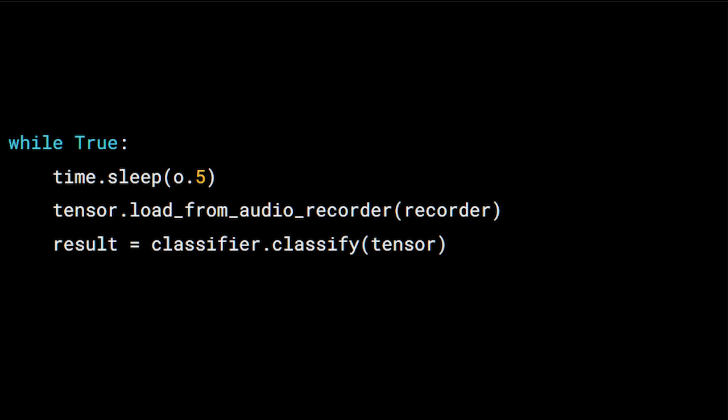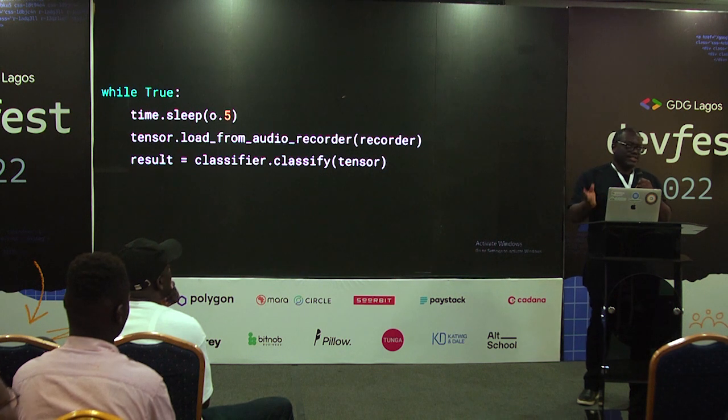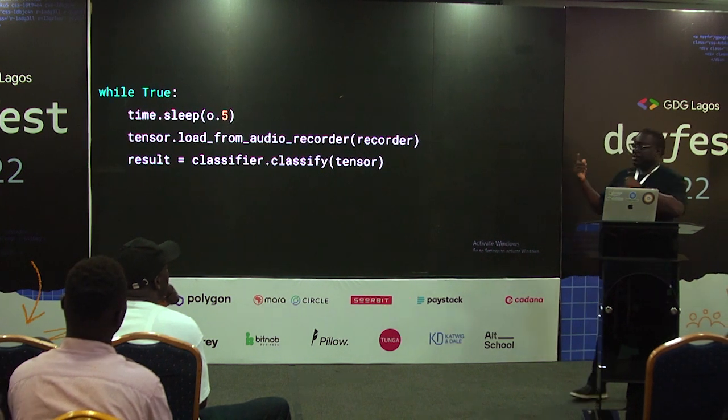So once you start reading, the next thing that you want to do is just check for a condition, right? When you read from a microphone, you actually store in a buffer. And what you're doing here is you're saying every half second, go read that recorder and put it into the buffer as a tensor and then run classification on it. So it's actually pretty straightforward.